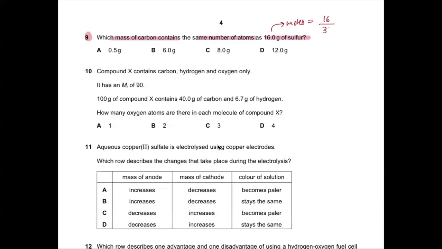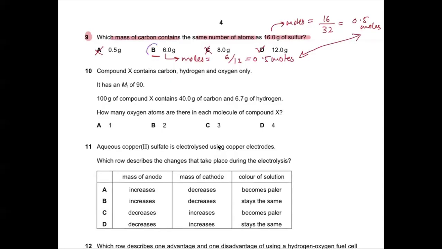So 16 over 32 is 0.5 moles, right? So 0.5 moles is going to be B because carbon's AR is 12. For carbon, 6 over 12 is 0.5. So it has the same moles, which means they both contain the same number of atoms. So B is the correct answer.